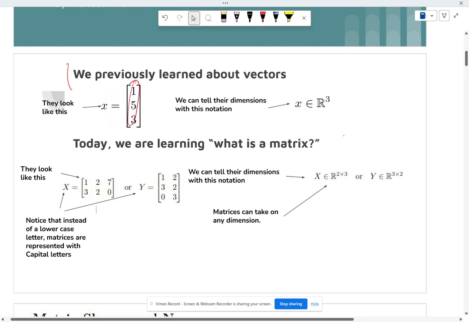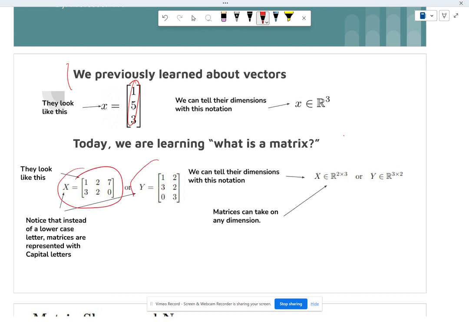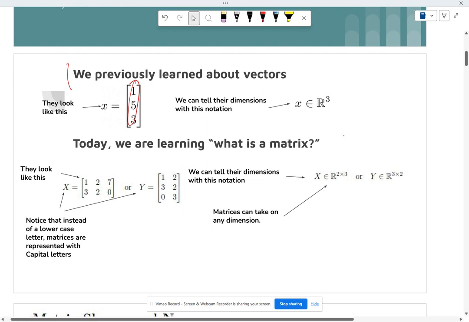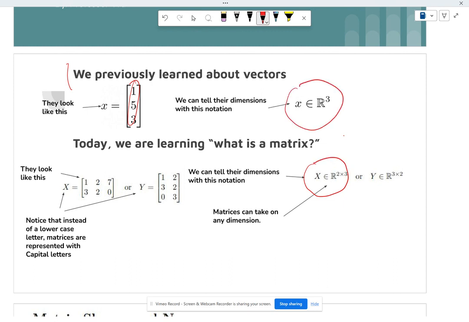Now, just like vectors, they don't mean anything unless we attach meaning to them. So you can have a matrix that looks like this or these. And the way we can mathematically represent or tell people the size of the matrix is through this notation. Now remember, this tells you the dimension is 3, but now there are 2 dimensions.